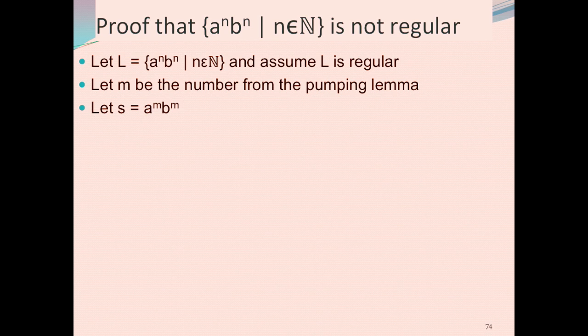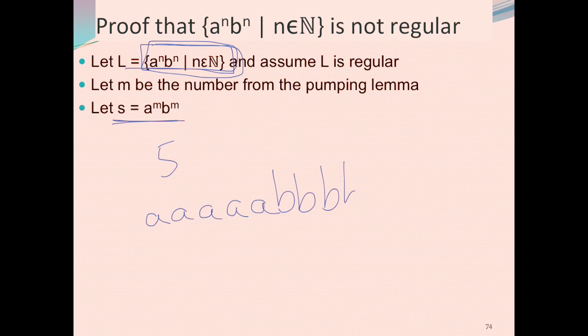So, just to review, let's suppose that the DFA that recognizes this language, and I'm pretending there is one, has 5 states in it. Then I would be picking S to be 1, 2, 3, 4, 5, 1, 2, 3, 4, 5. Oh, but maybe it doesn't have 5 states.